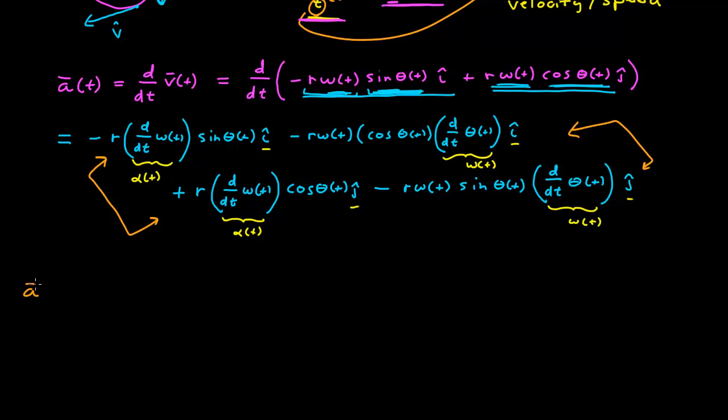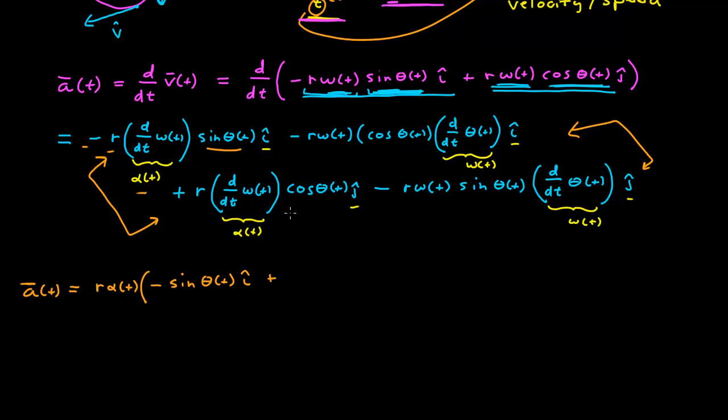So this is still our acceleration. Okay. And so if I combine these two terms, they each have a factor of r and alpha, and so I can pull that out. And so I have r alpha as a function of t times, this first term has a negative sign, so negative sine theta of t I hat, and since one's I hat and j hat, I can't combine those.